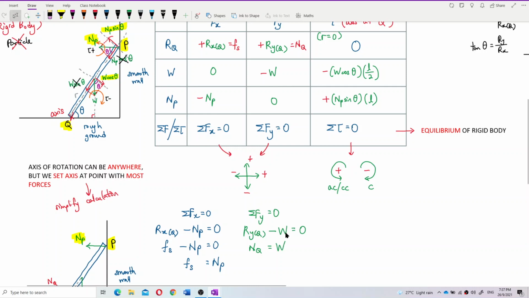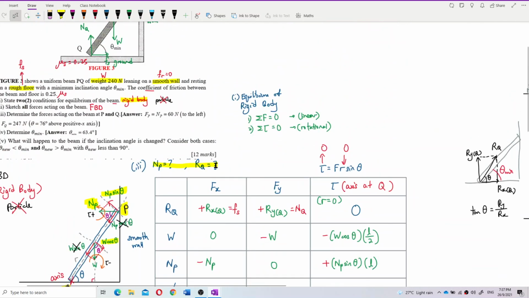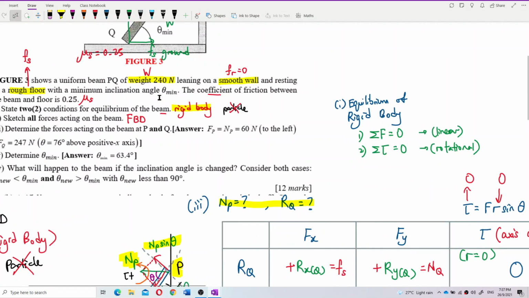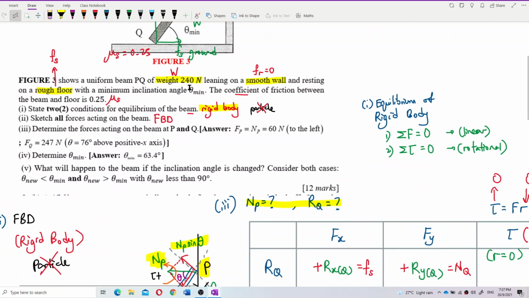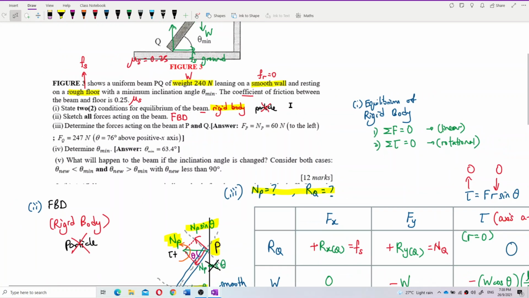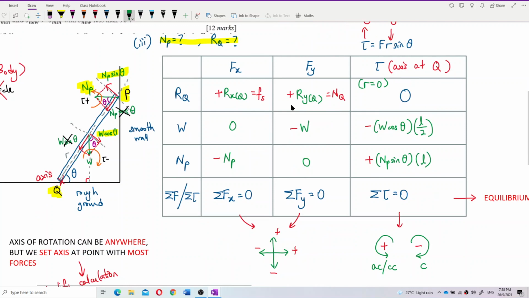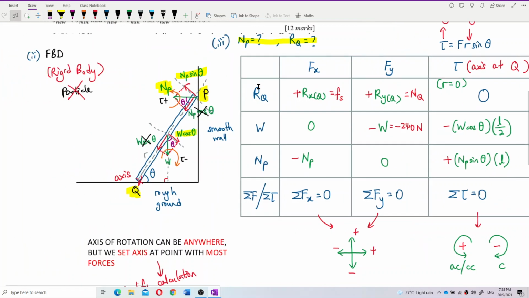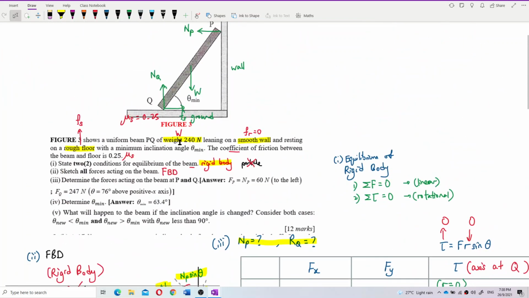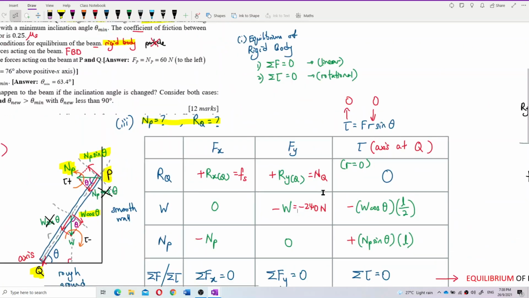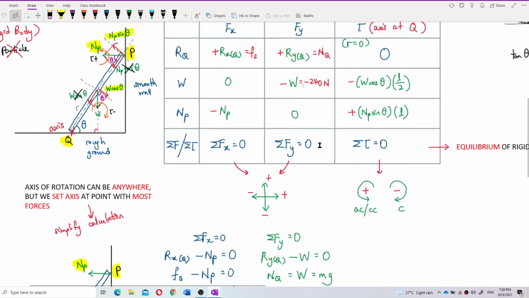The weight is equal to mg. However, the question gives you the weight already, 240 Newton. So we can just substitute this as negative 240 Newton. Sorry, need to put the negative sign, because it gives you the weight.